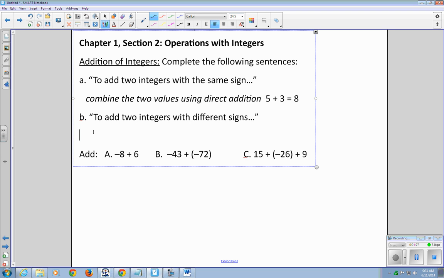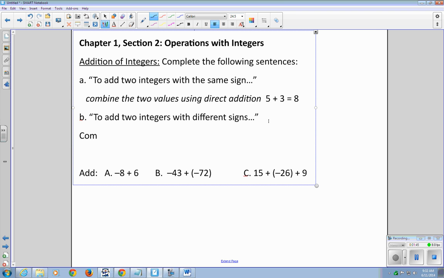Well, let's look at the next one here. To add two integers with different signs. Well, this one seems like a little bit more of an odd type of thing to say, but let's talk about the idea that we could combine the two. We can combine the two numbers using subtraction.